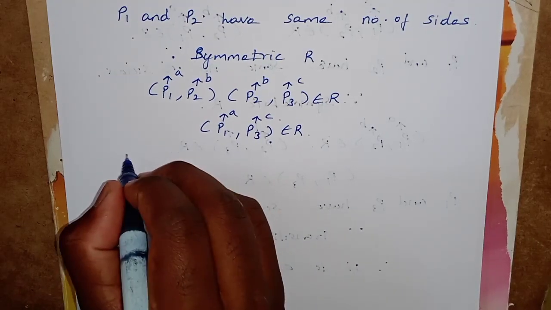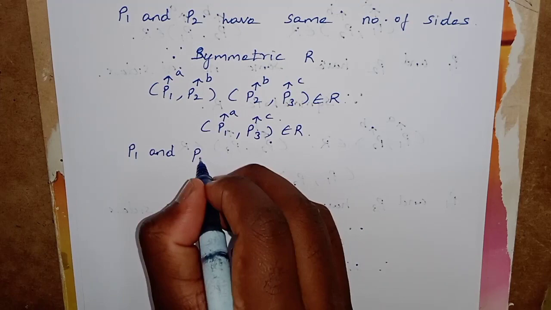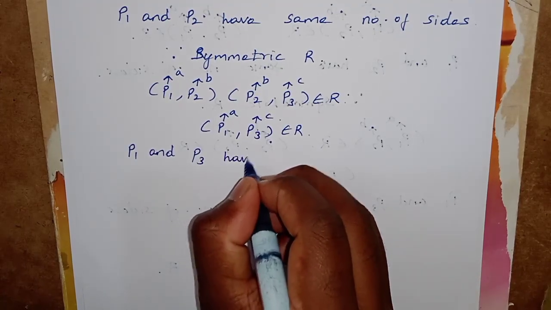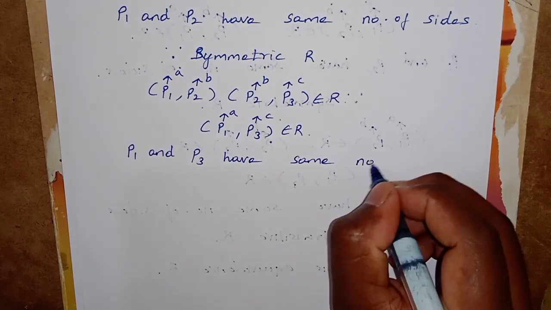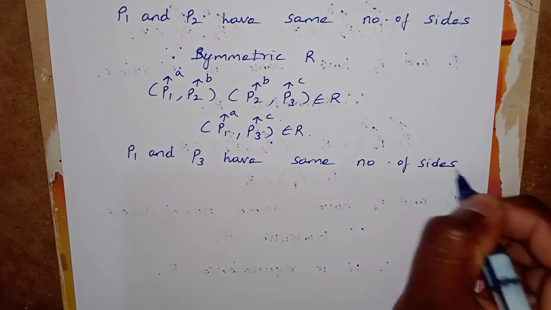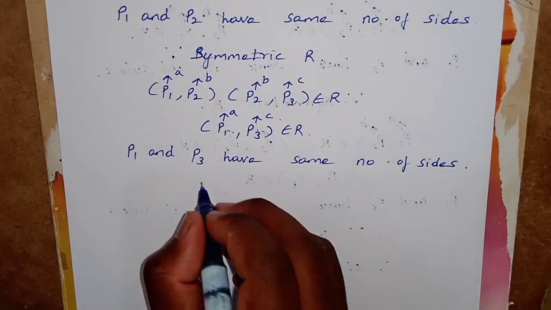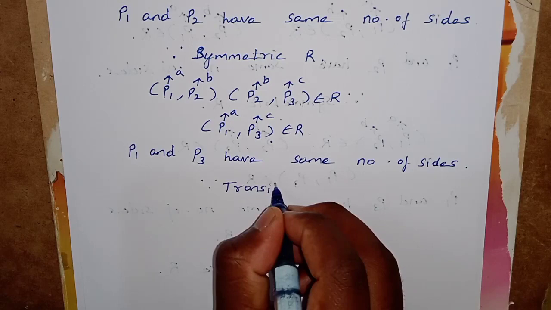You have to write P1 and P3 have the same number of sides. Therefore here it is a transitive relation.